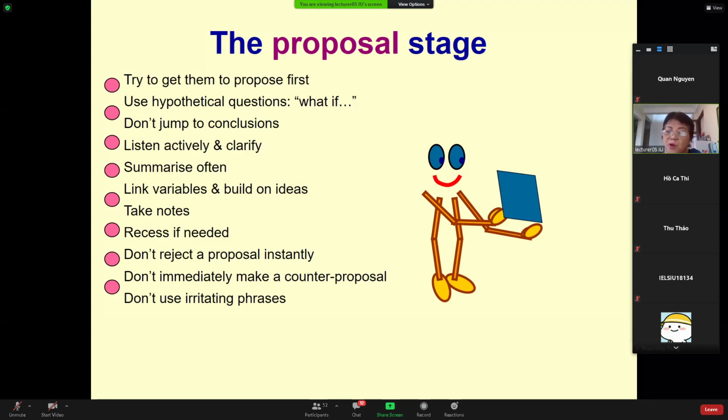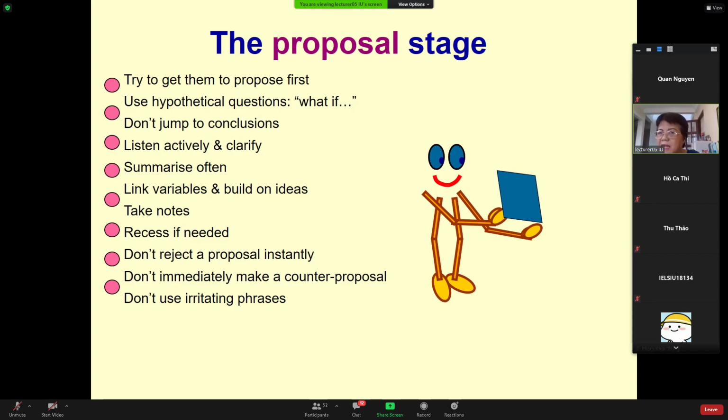Don't reject the proposal instantly. Remember, we ask them to propose, but don't reject their proposal instantly. Don't immediately make a counter proposal. Don't use irritating phrases. So this is an art of negotiation. When we come to the negotiation, we are trying to get the maximum information from the other side.